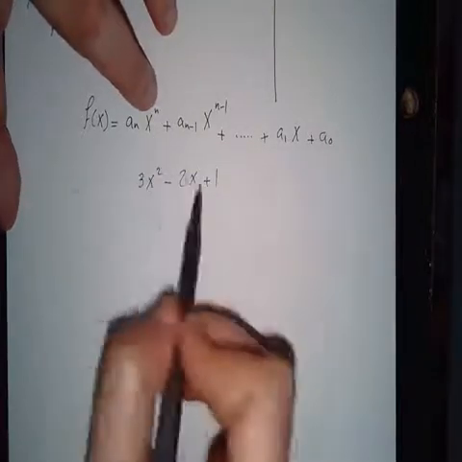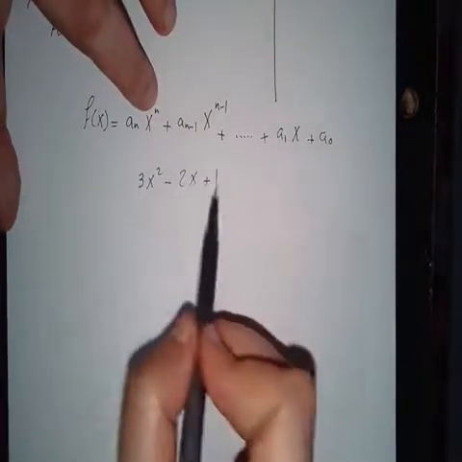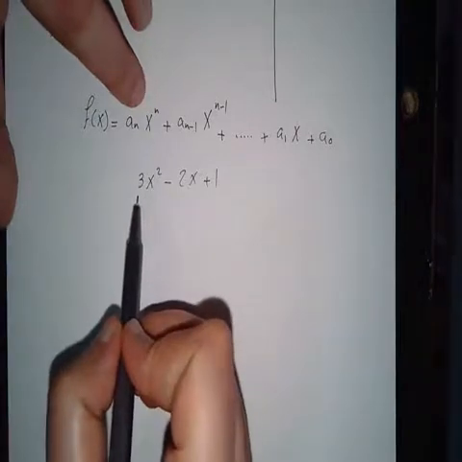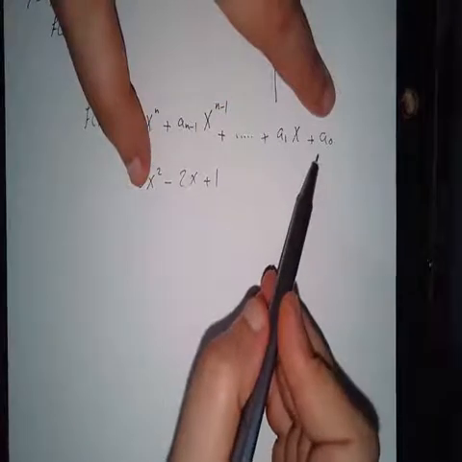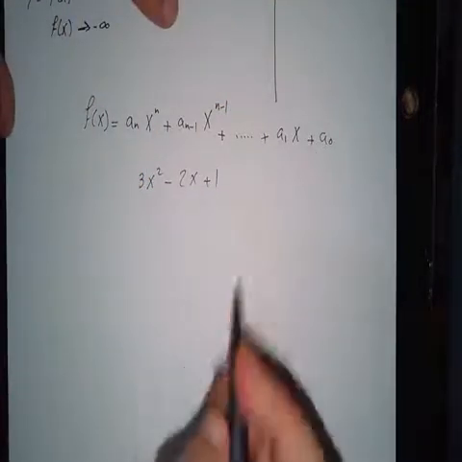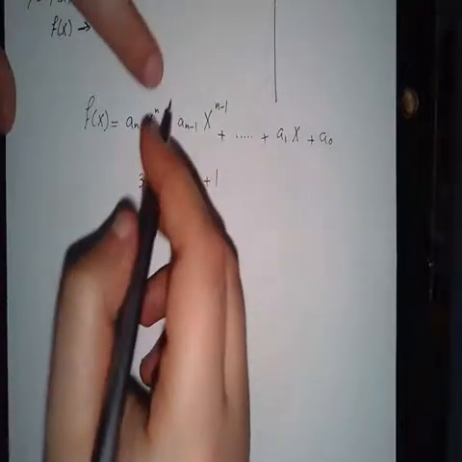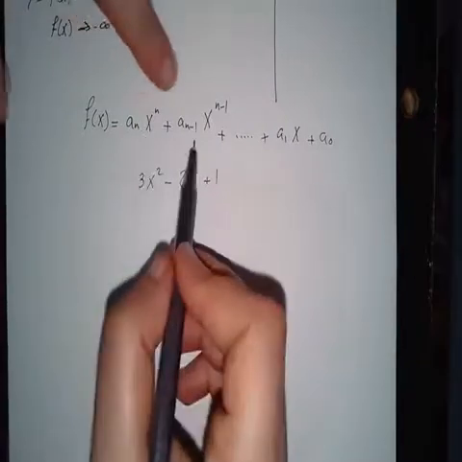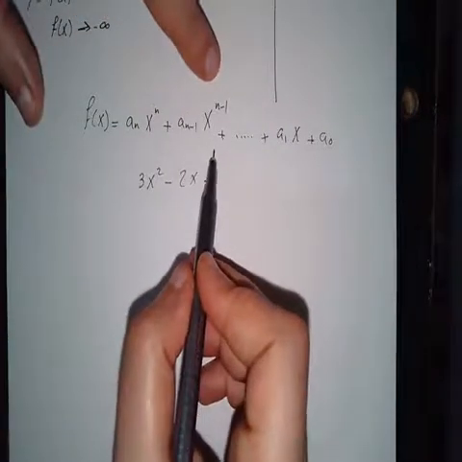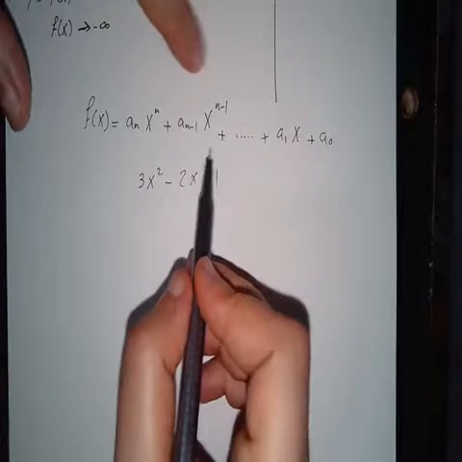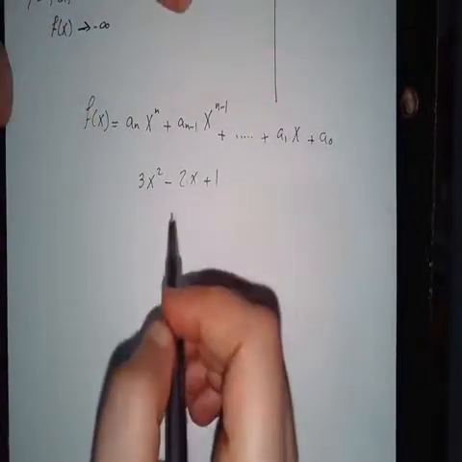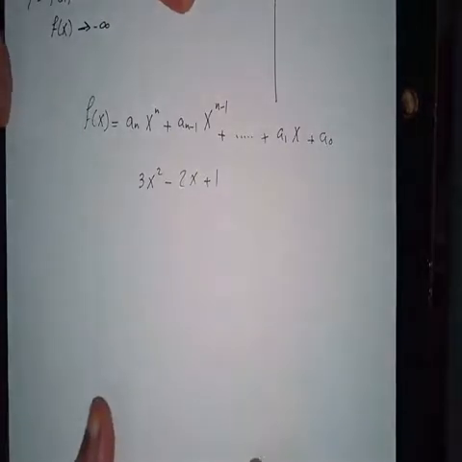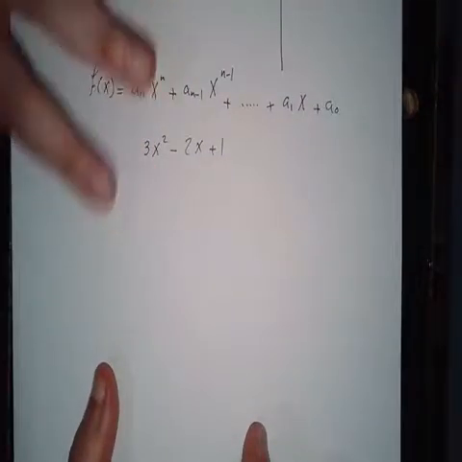In the case of the example I wrote here, the power of this polynomial is second, then goes to first, and then goes to the number, which is what you see right here, tail end. If I gave you something to the 7th power, then it would be 7th power, 6th power, 5th, 4th, 3rd, 2nd, 1st, and then 0 power. Make sense? So this is the form of a polynomial.